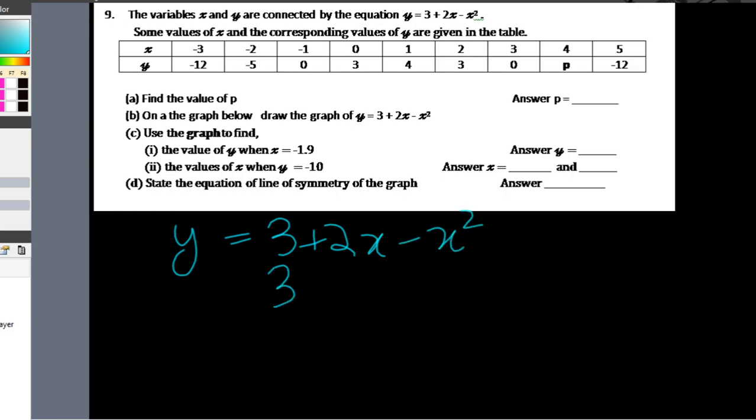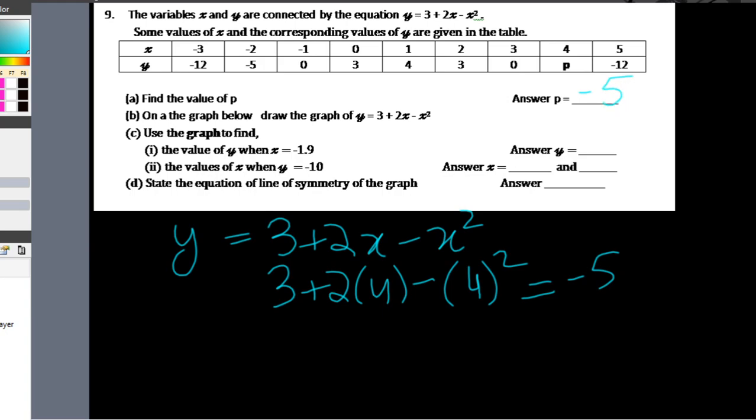Instead of x, substitute 4 and we'll get -5. So the value for p is simply -5.